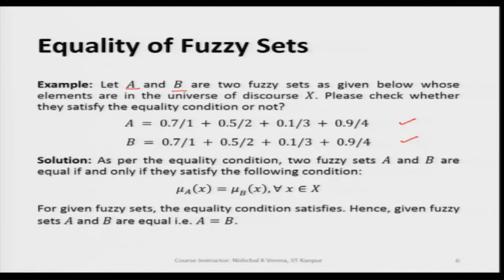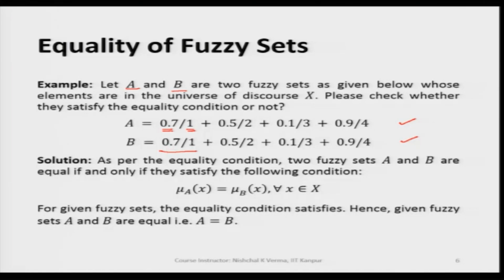If we see here for A, the first generic variable value is 1 and the corresponding membership value is 0.7. Now, if we see the first element in B also, it is the same: we have generic variable value 1 and the corresponding membership value is 0.7.